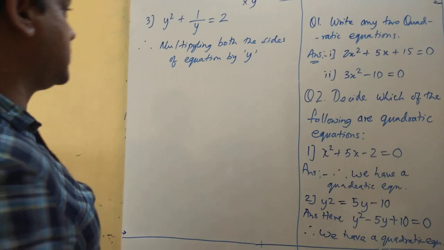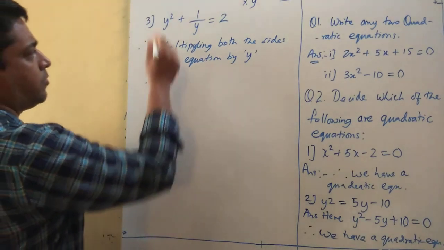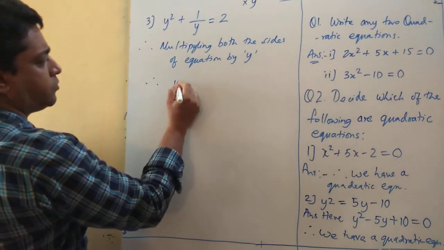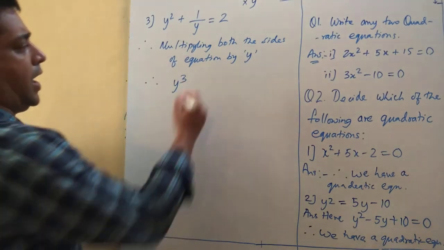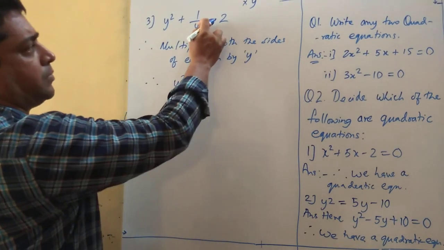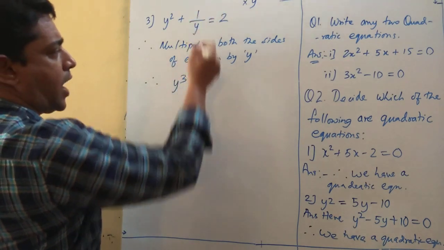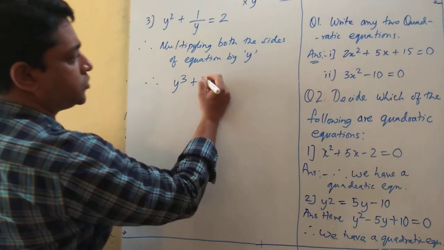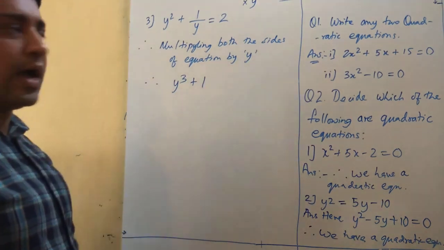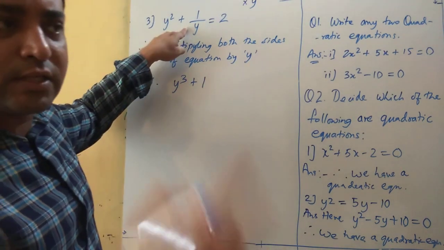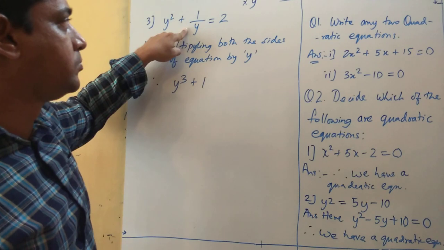So the equation will become, I am multiplying the first term by y, this will become y cube. I am multiplying the second term by y, that means this will become 1 into y, y upon y is 1, it will get cancelled. So I will directly write 1. I hope you are understanding this one. That's why this is a confusing sum.